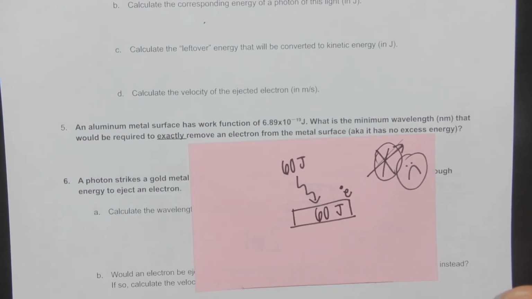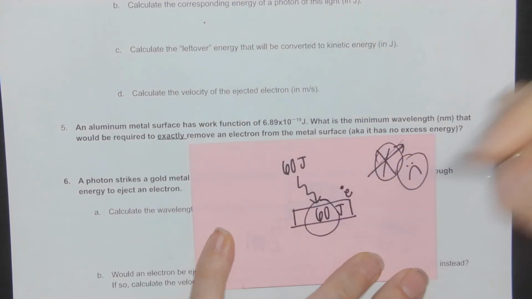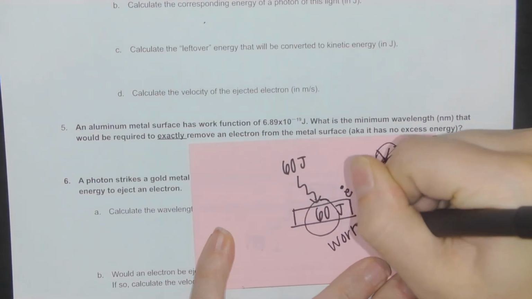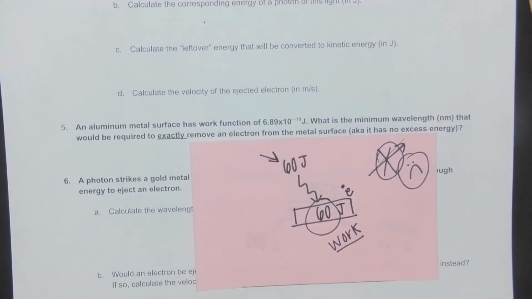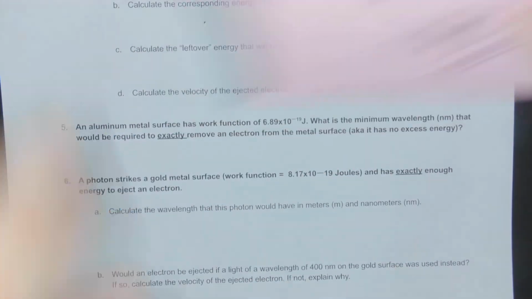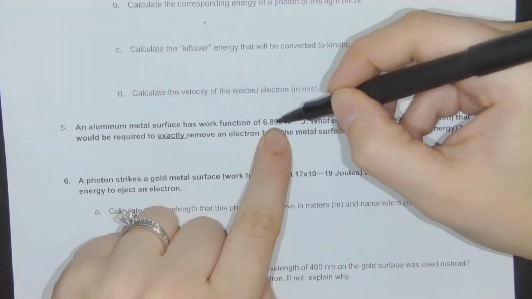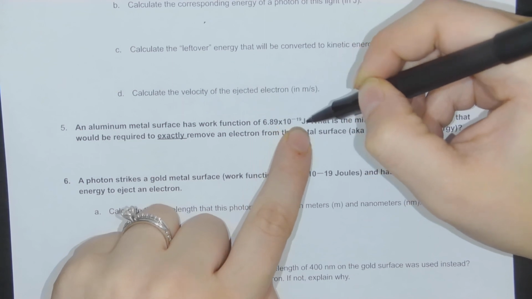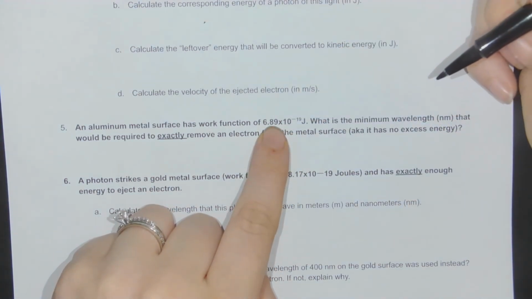So that one, you'll just take whatever it says the work function is, and that's going to be the same as the light energy that's coming in. That'll help you figure out 5 and 6. So since the work function is 6.89 times blah, blah, blah, since that's the work function, that's the wave coming in.